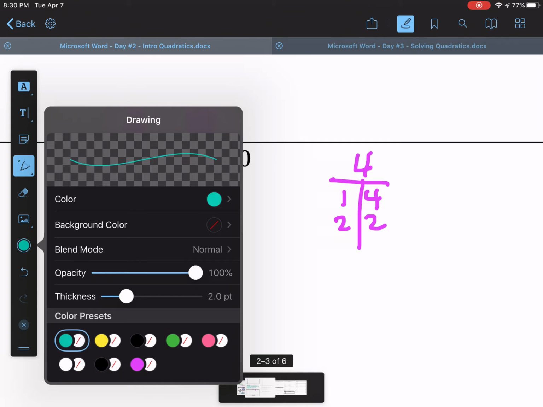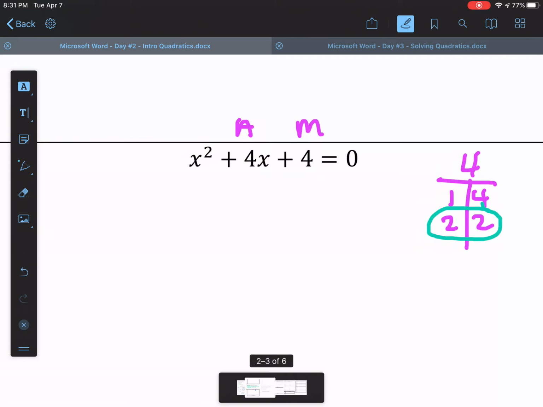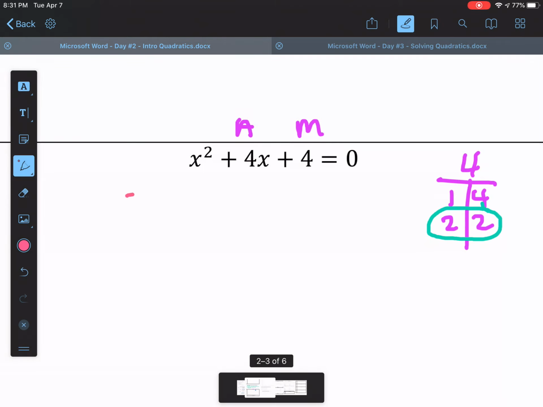And then you want to ask yourself, okay, which pair of numbers can somehow come together to make the 4 in the middle? So that's going to be the 2 and the 2. I can't add or subtract 1 and 4 in any way so that I get 4. That just doesn't make any sense. So we're going to be using 2 and 2. So let's go back over here. And now we are going to do our double bubble.